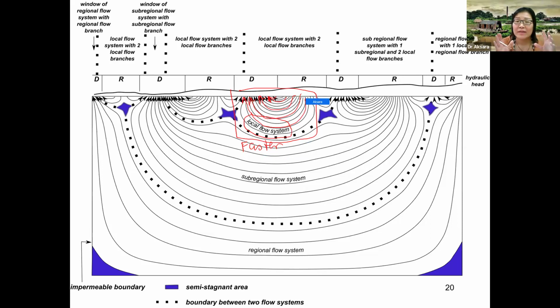So it has a shorter flow path and a faster flow rate, and it only covers a very small area.